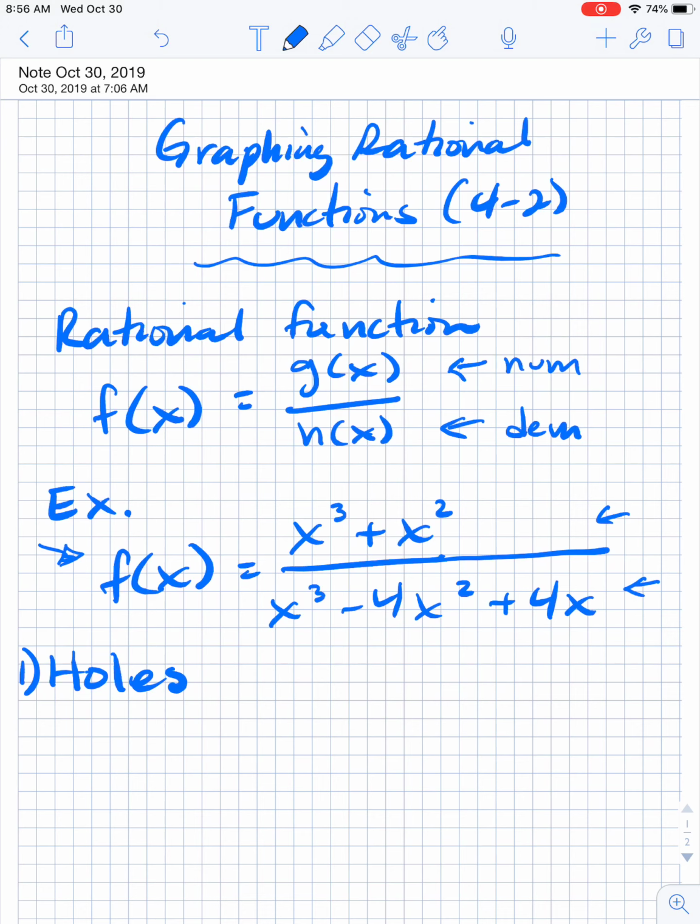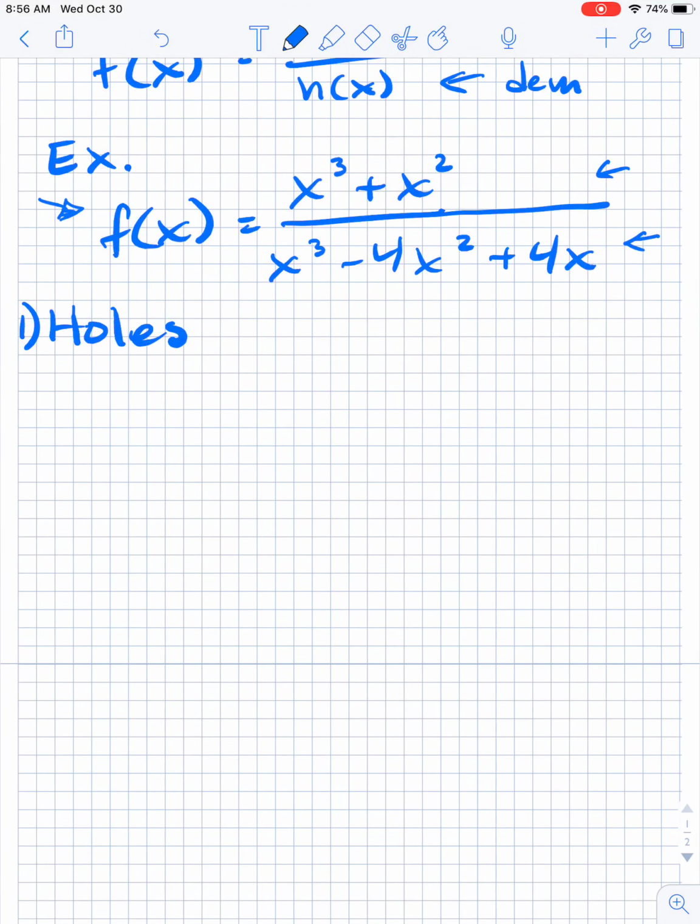Okay, so that's the first thing you want to do, you're looking for holes in the function. And the way that we find holes in the function is we take our function and we factor out the two expressions, the numerator and the denominator. Okay, and we do that separately. So if I take this function and I factor it out, I can already see that what I'm looking for is factors in common.